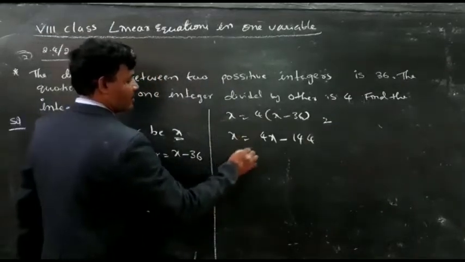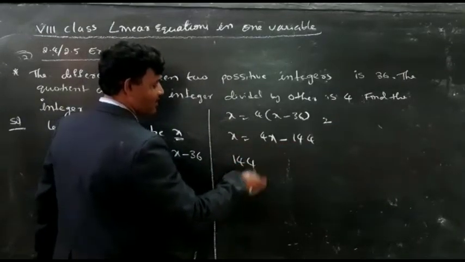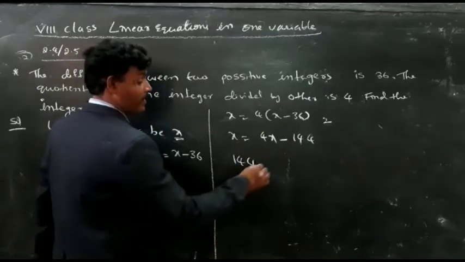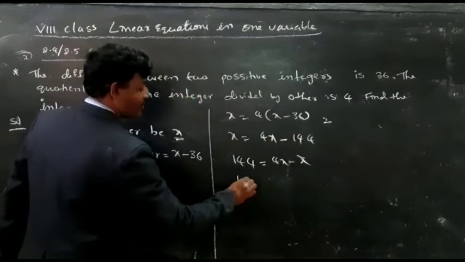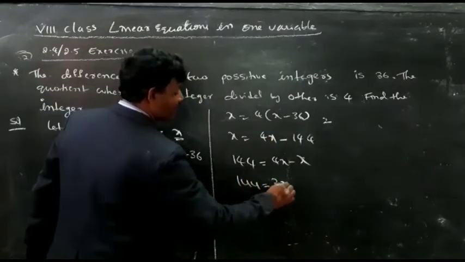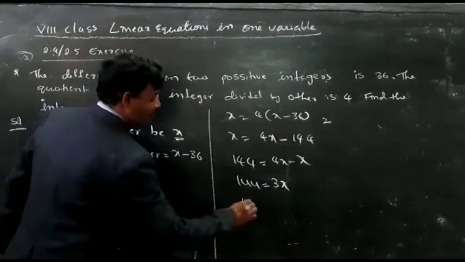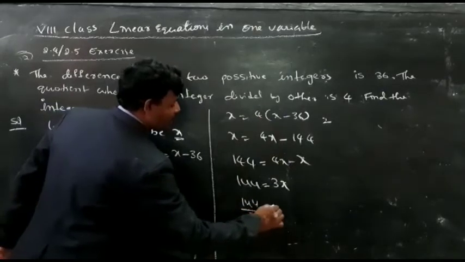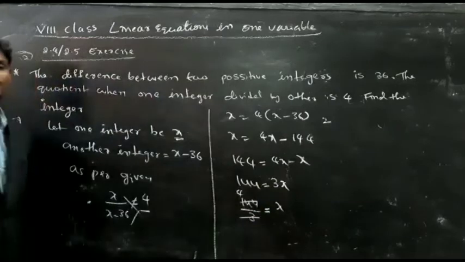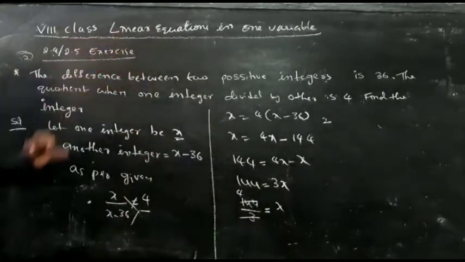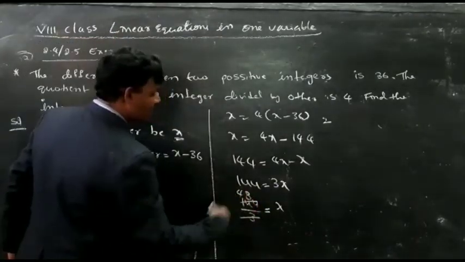I am transposing like terms to one side. Minus 144 becomes plus 144. Similarly, plus x becomes minus x. So 144 is equal to 3x. Then 144 by 3 is equal to x. Now cancellation. 3 4s are 12, 3 8s are 24.